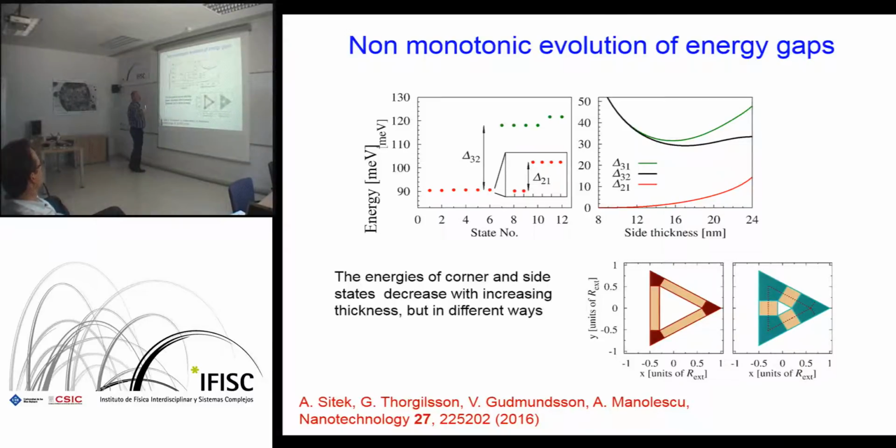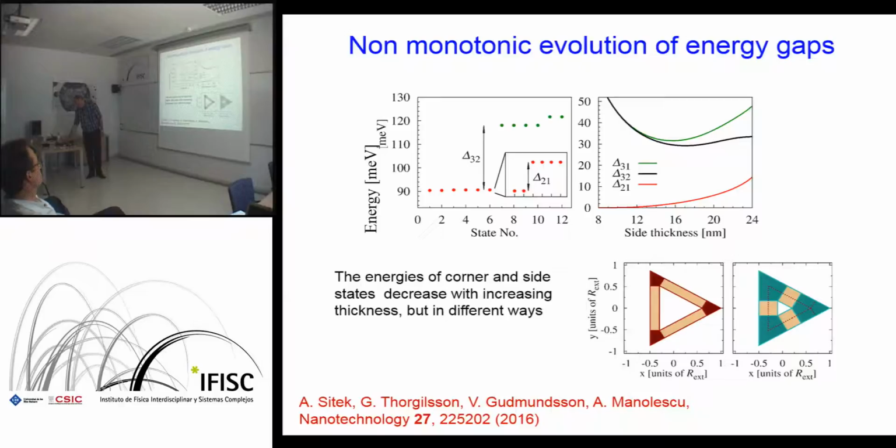It's not so easy to explain or to understand, but the net effect is that although all states will decrease with increasing thickness, the gaps do not decrease monotonously. So you have the gap between the corner states and side states with a minimum, for this example, at around 16 nanometer thickness.